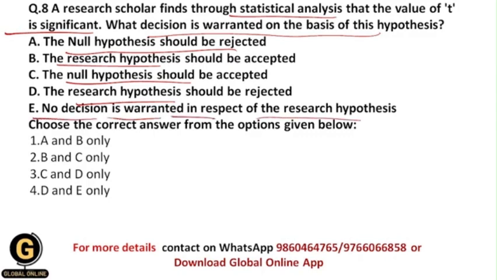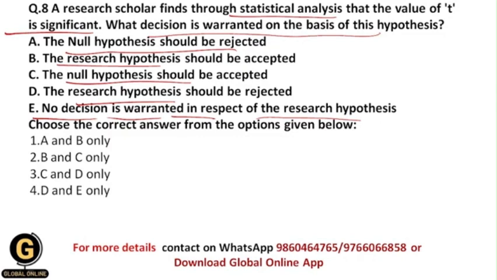As I have told you earlier, whenever we reject the null hypothesis, then obviously we need to accept the research hypothesis, and vice versa. The null hypothesis states that there is no difference or no relationship between the variables, but the research hypothesis alternatively tells us that there is a difference or relationship between the two variables.